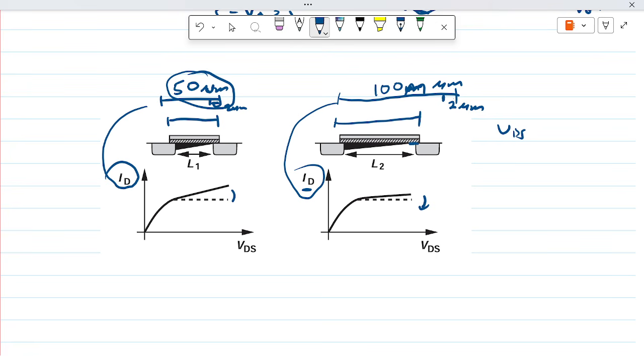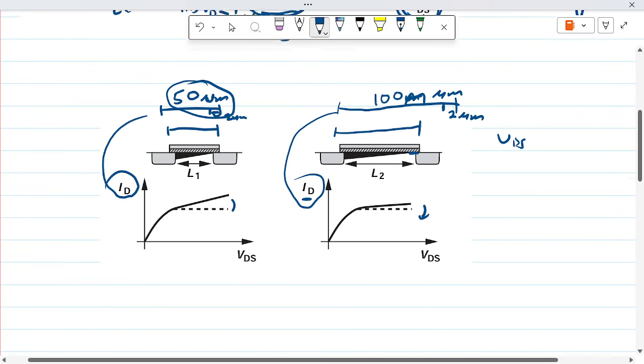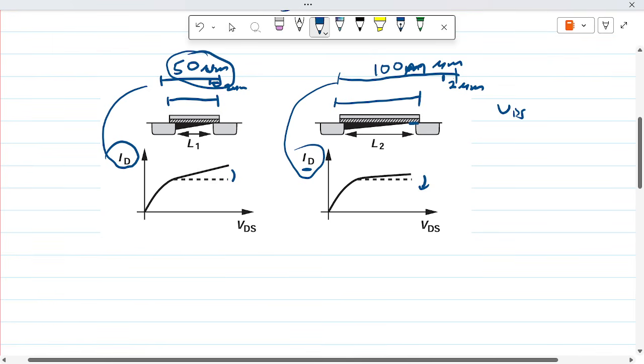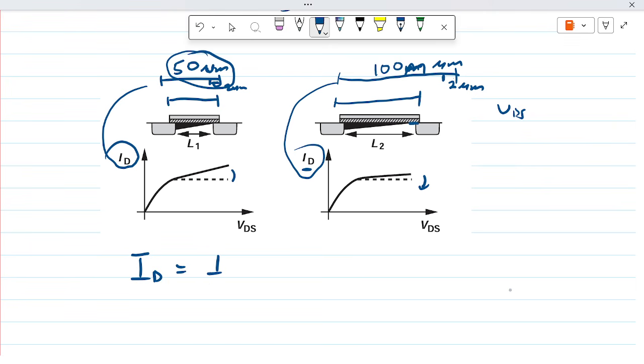To model or account for channel length modulation, which can only occur after saturation, we take the equation for drain current after saturation, which is 1/2 mu n Cox W/L (VGS minus VTH) squared.